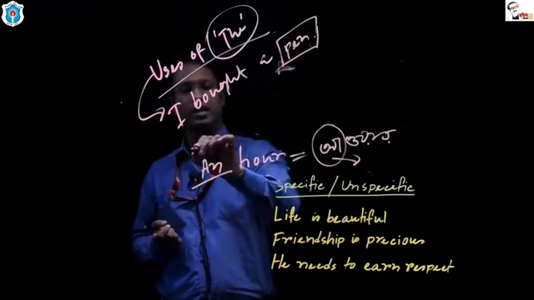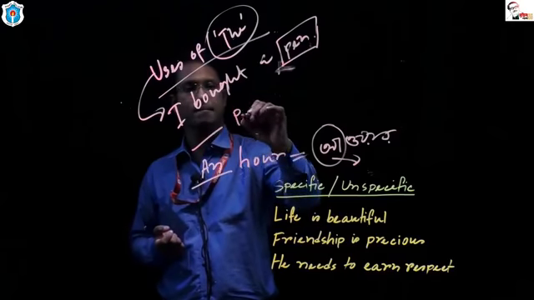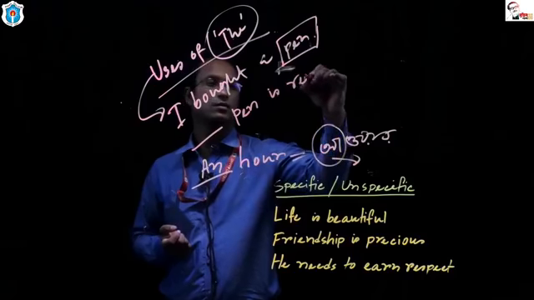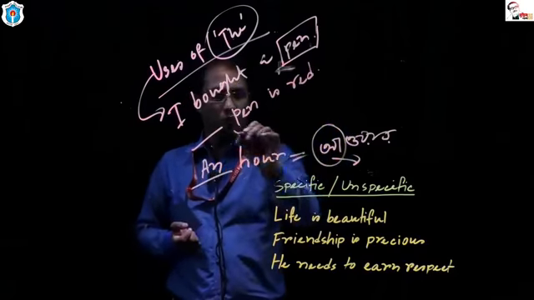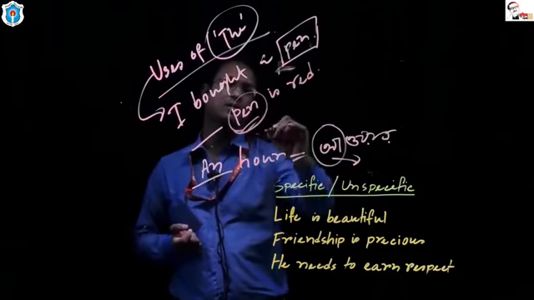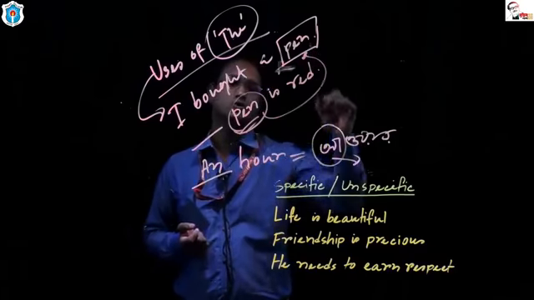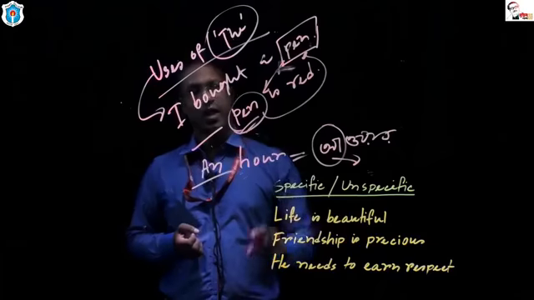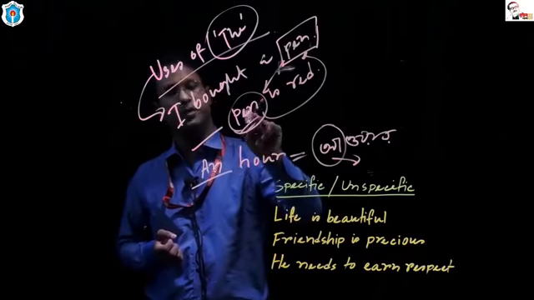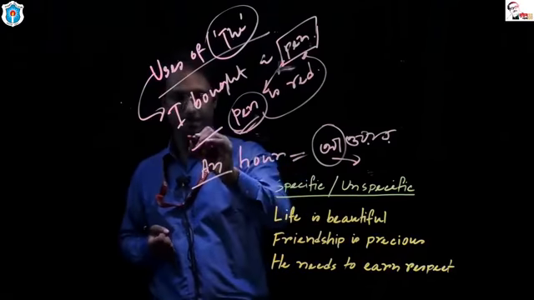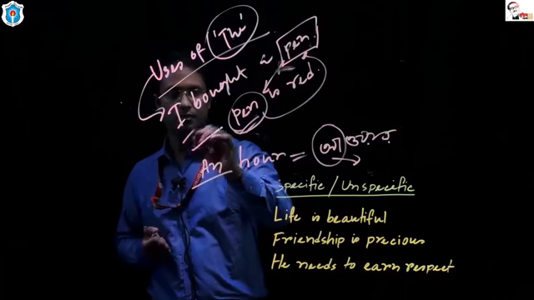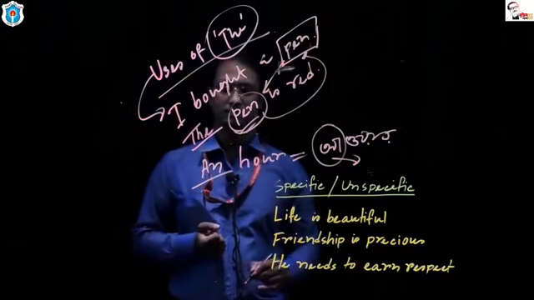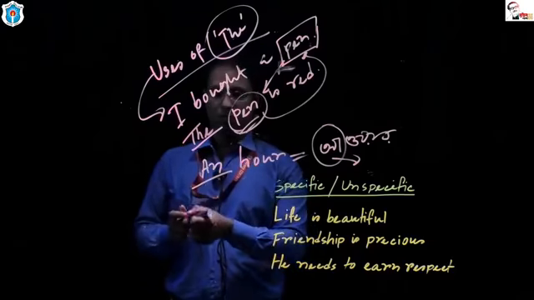But if I tell dash pen is red, then what type of pen? Which pen? This pen is that pen which I bought. That means this pen has become specific here. As it has become specific here, we will use the. The pen is red. Okay.